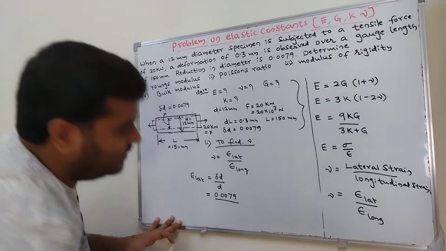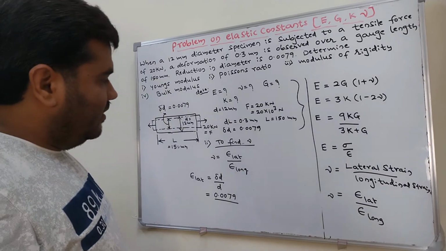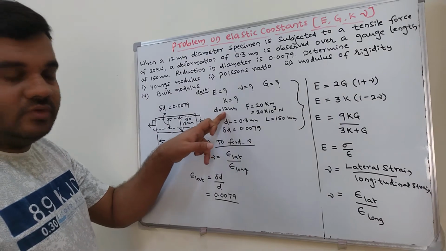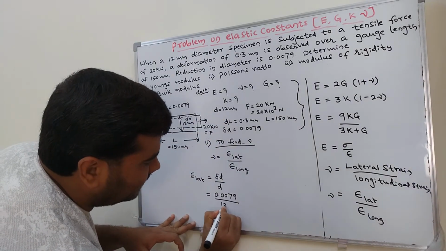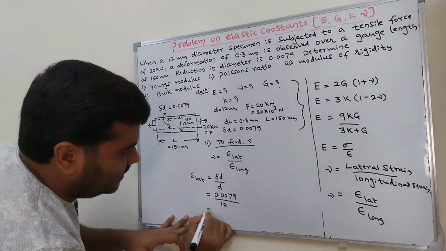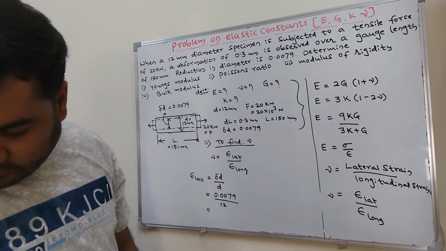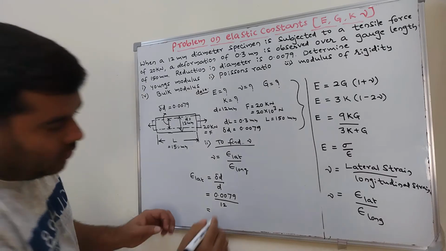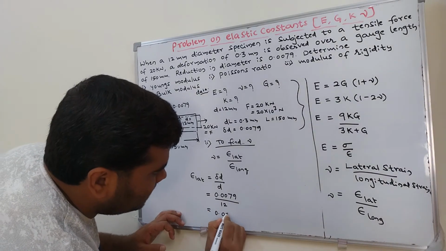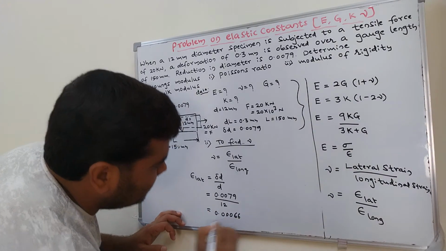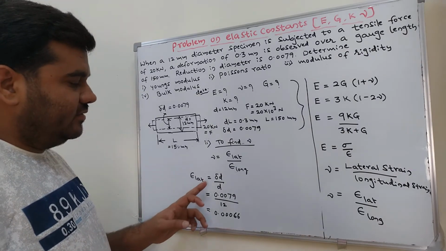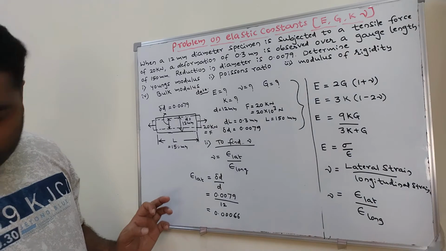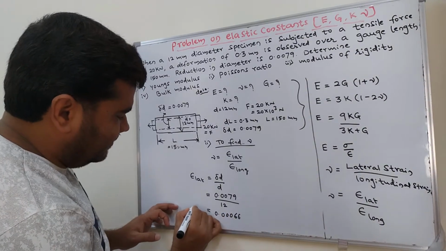It is change in diameter divided by the original diameter, which is 12 millimeter. So we will get 0.00066. No unit, because millimeter cancels. So this is lateral strain.